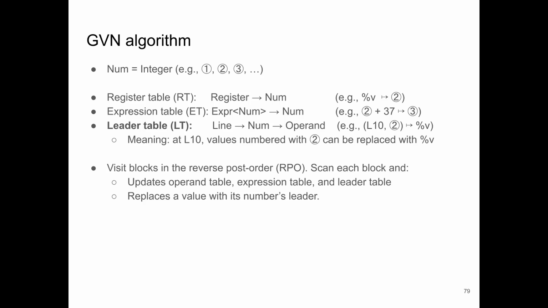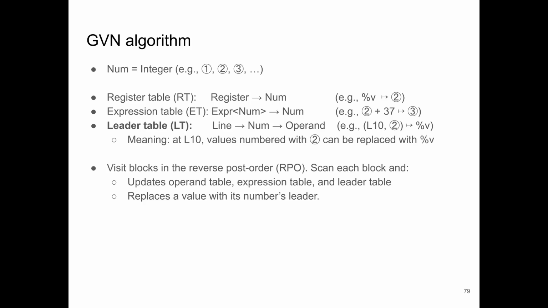So for example, let's say that %v is defined, and it is computing a completely new computation, for example 3 plus 8. Suppose this kind of computation hasn't appeared so far.